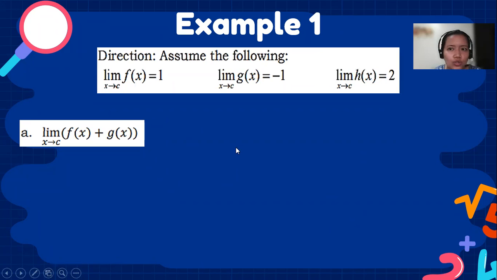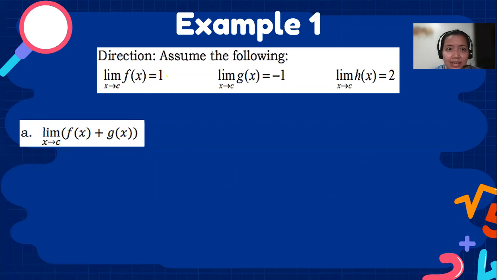Okay, so for letter A, who can tell me what is the limit of f of x as x approaches c? It's in the given. The answer is, anybody?